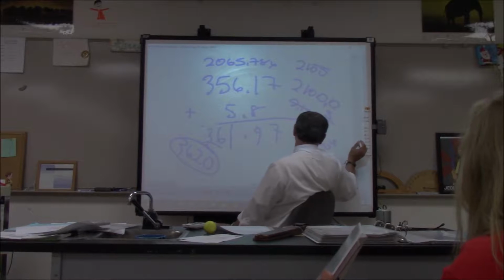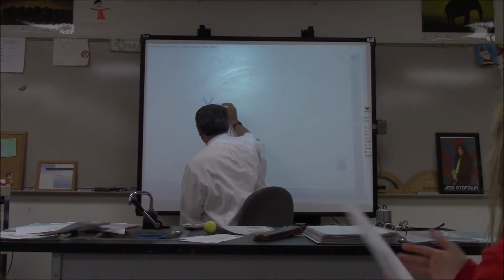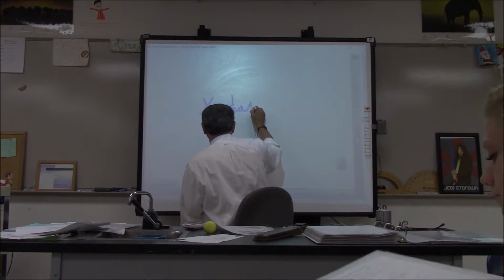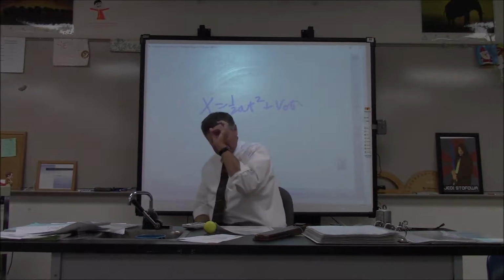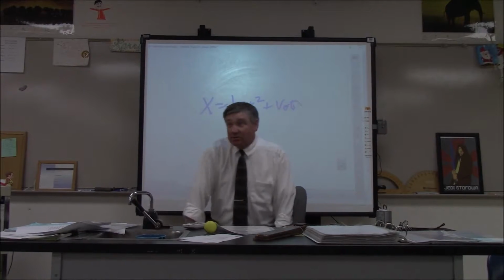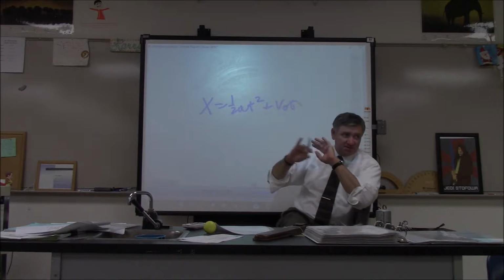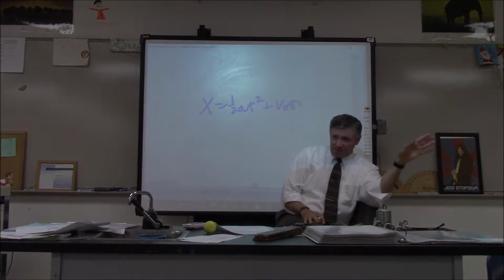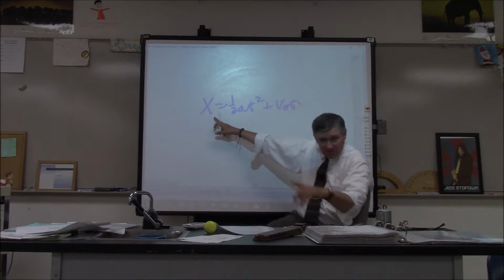So, let's just make sure everybody's on the same page. So I've got distance equals 1/2 a t squared plus v naught times time. So let me explain how I could use this equation on the test tomorrow. And this is one of your go-to equations that you will use in all of physics. Okay? So this is your distance.